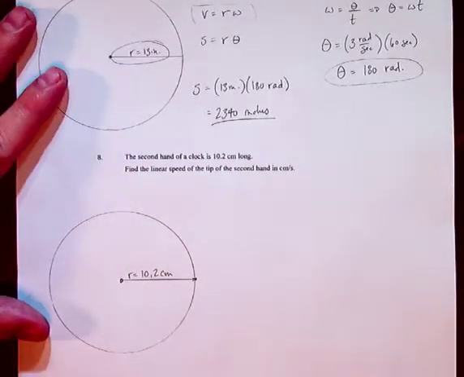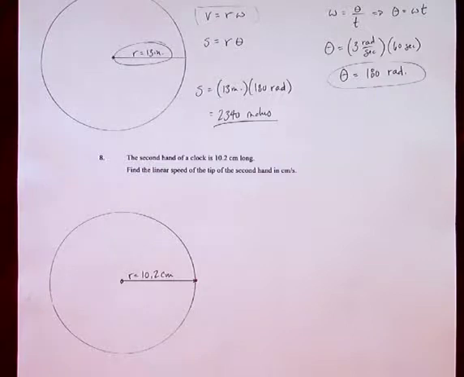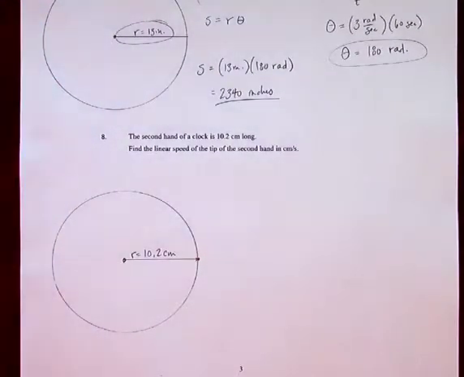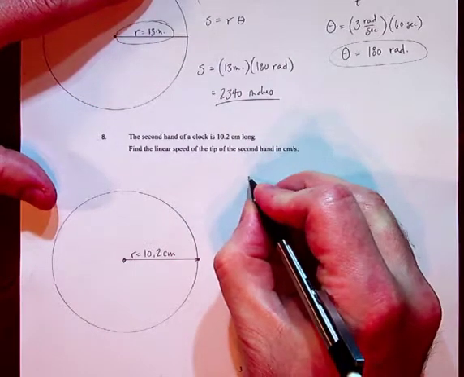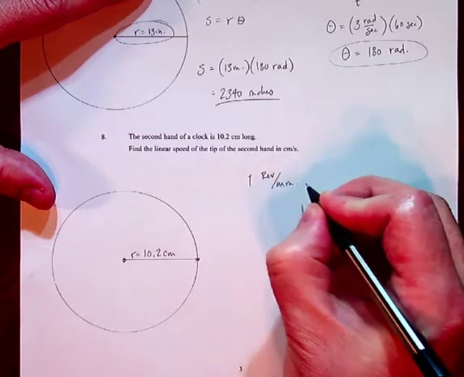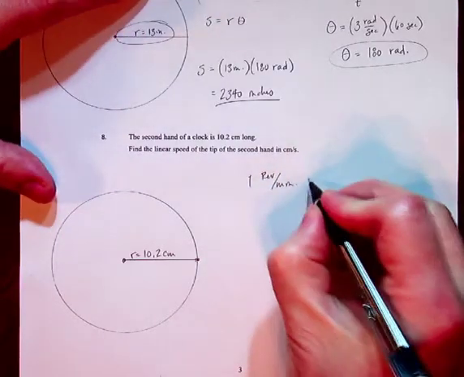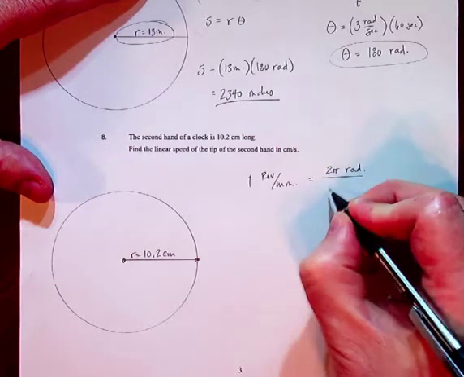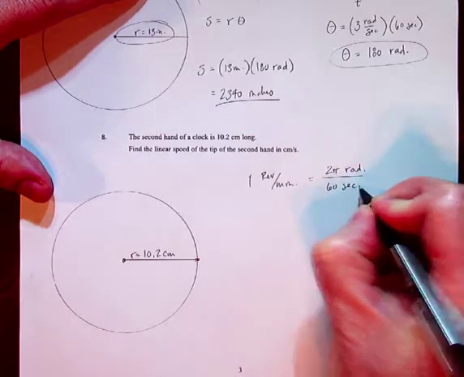clock. Now, part of the difficulty of this problem is the fact that omega is implied because it's a clock, right? And you get 1 revolution per minute. Well, 1 revolution per minute is 2 pi radians per 60 seconds, okay?